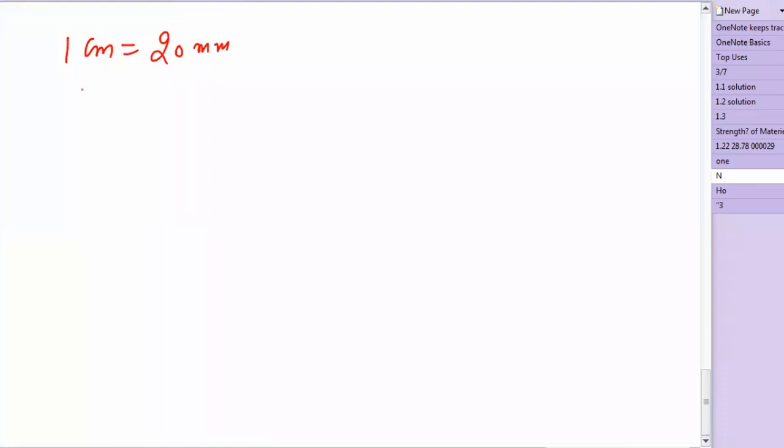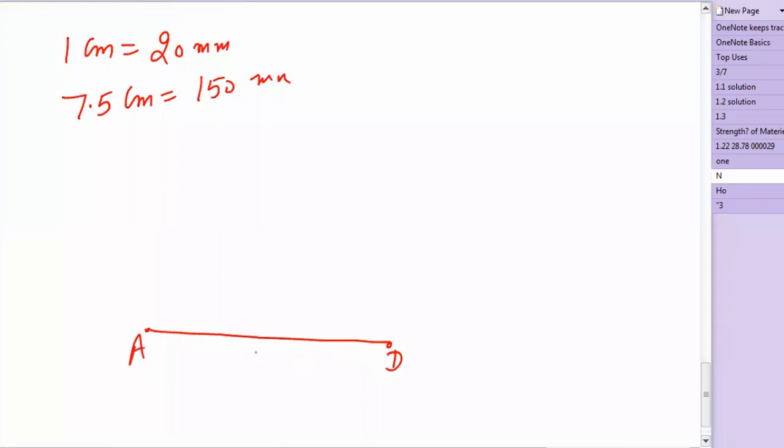Then 150 mm will be 7.5 centimeters, so you need to draw a 7.5 centimeter line. This is link A, this is link D. So 150 has been reduced to 7.5 centimeters.